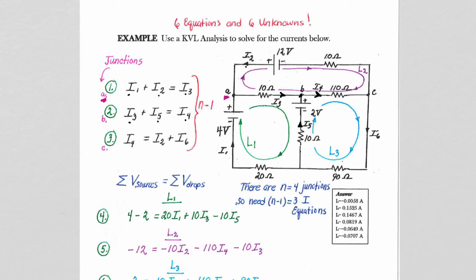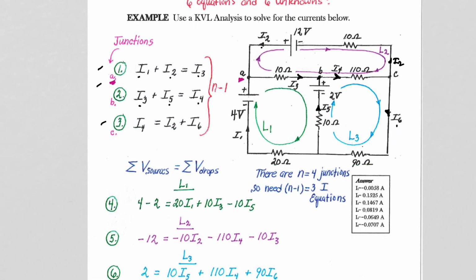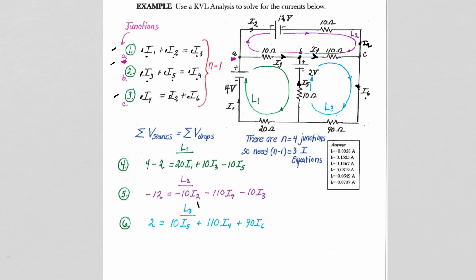So that's consistent. And I have I4 breaking into I6 and I2. So there we go. So we have our 3 equations. And when we do our matrix, we'll put our coefficients of 1 in front of them and rearrange them to match them up like we did before. We'll see that in a moment. But first we have our loop equations.